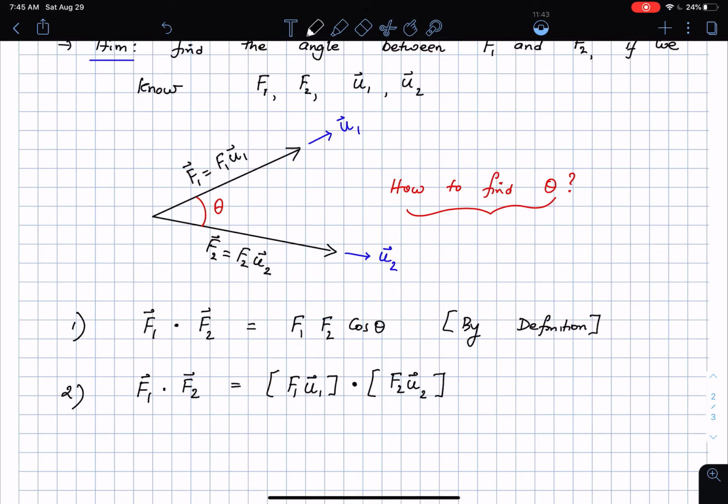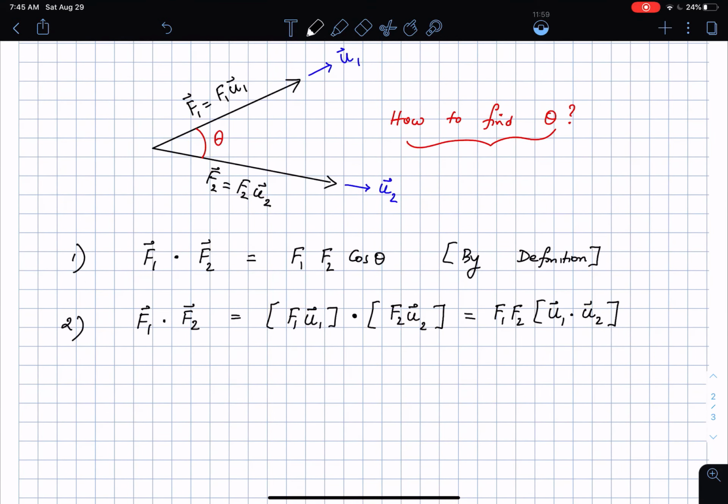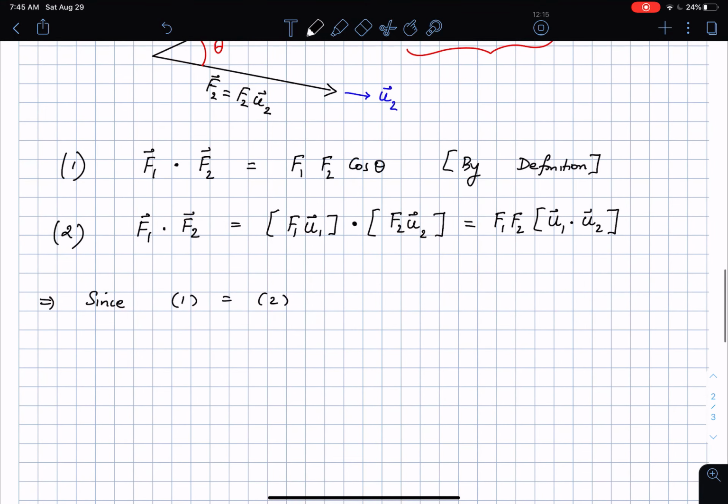But then f1 and f2 inside these brackets are scalars, so I can write this as f1 times f2 times u1 dotted with u2. Okay, but then it is quite obvious that in 1 I have done f1 dot f2, in 2 also I have done f1 dot f2, so they should be equal to each other, which means that since 1 is equal to 2, what do I get?